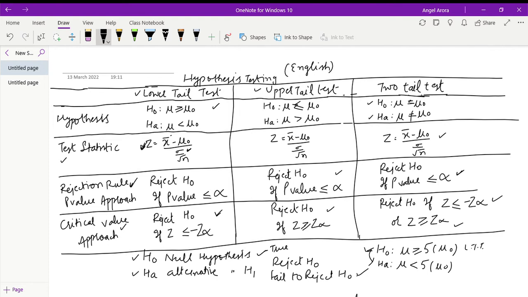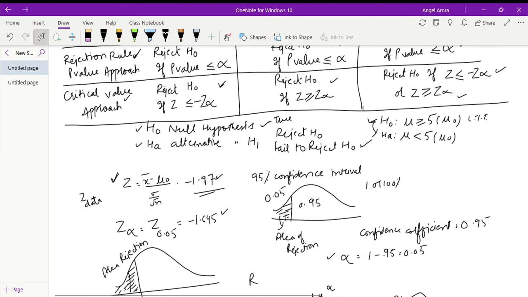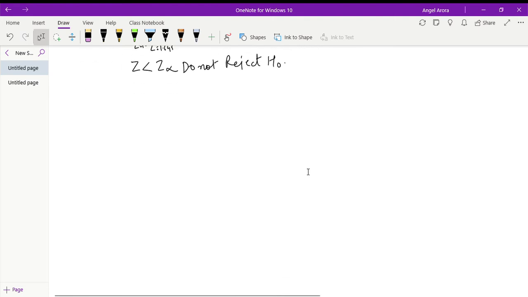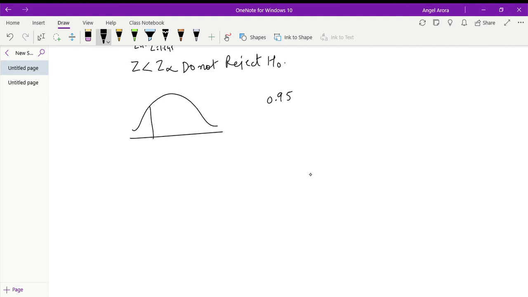Let's take a simple example of a two-tailed test. There is no less than or more than sign in a two-tailed test. Suppose the confidence is 95%, so the confidence coefficient is 0.95. So this area will be 0.95.